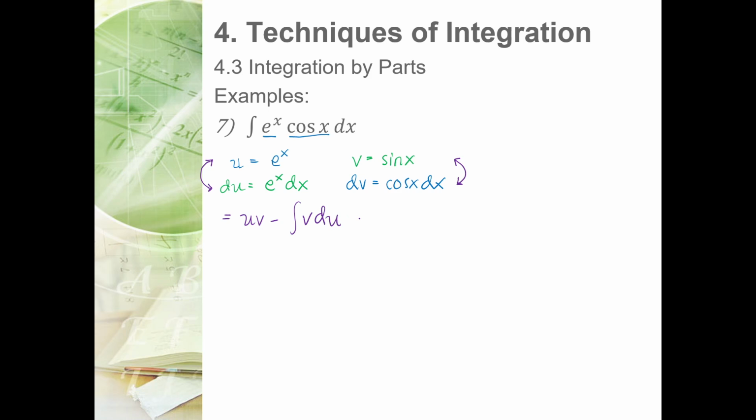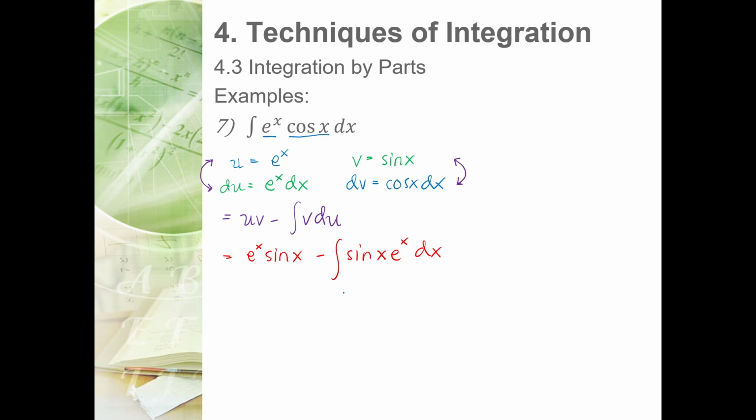So I think number 7, same procedure. So let's try to see. So this one is e to the power of x sine x, then minus integral of v du, so sine x e to the power of x dx. So notice that we have to apply again your integration by parts.